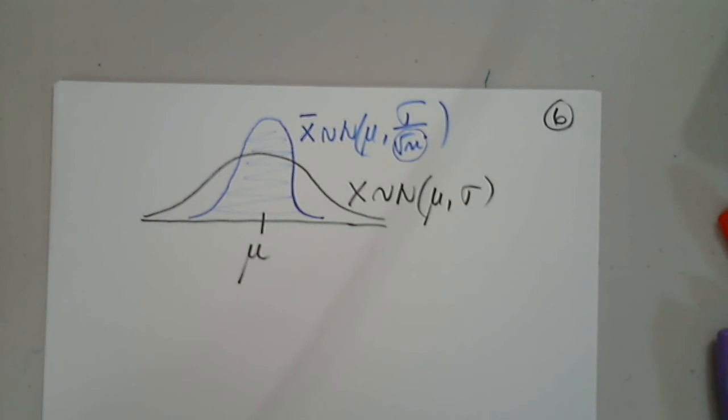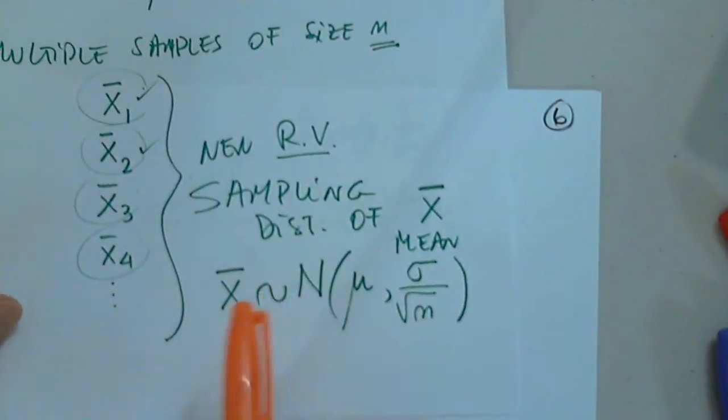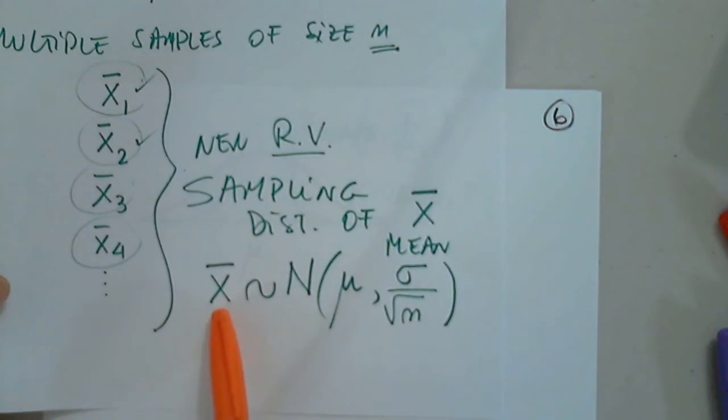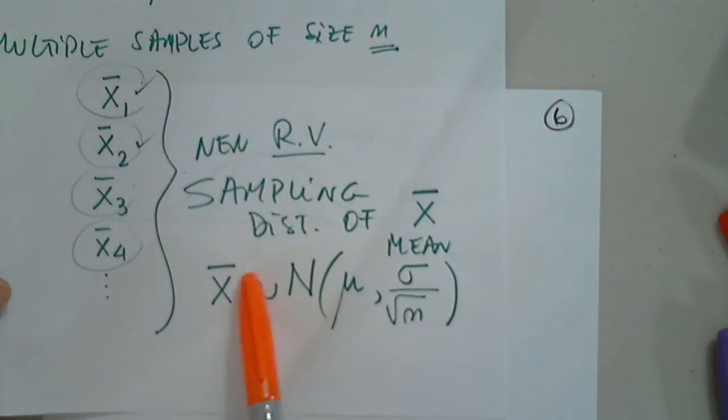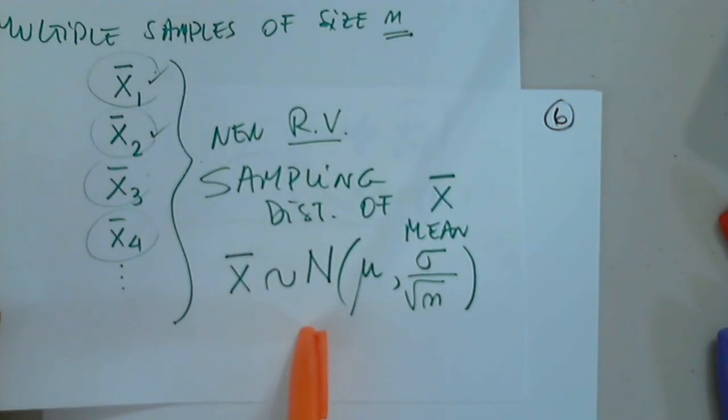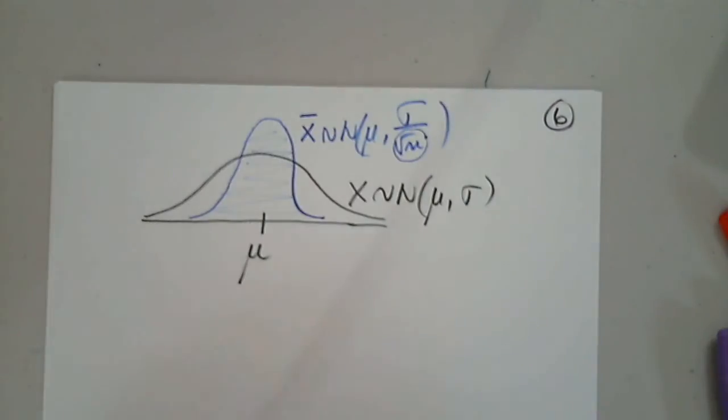Yes. So let's write this down. No matter what the sample size is, this will always be normal. And no matter whether this is normal, this will always be normal. The sampling distribution. Well done.